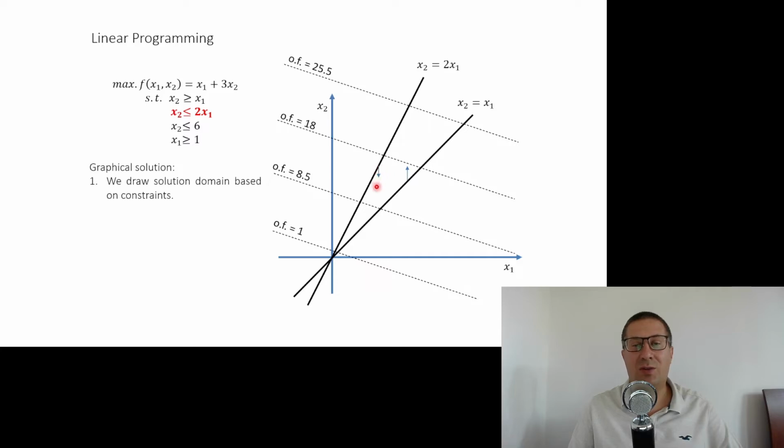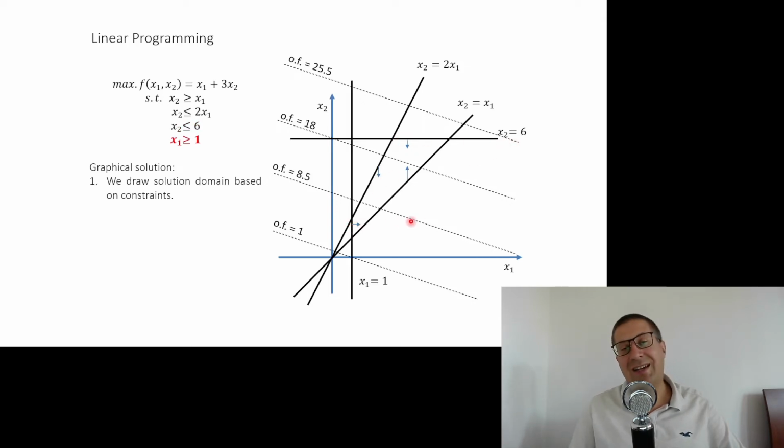And we know we have to be lower than this line. Moreover, we have to be below this line and on the right side of this line. So here we have a feasible solution space, the feasible region.